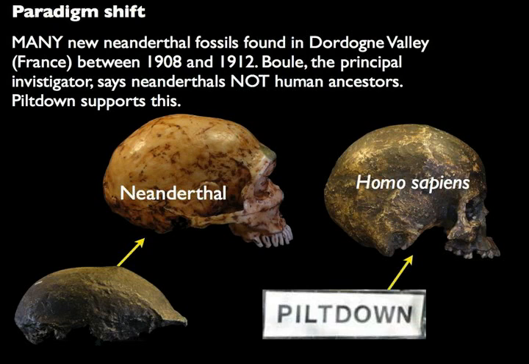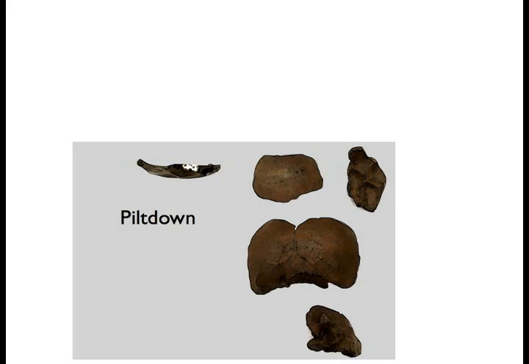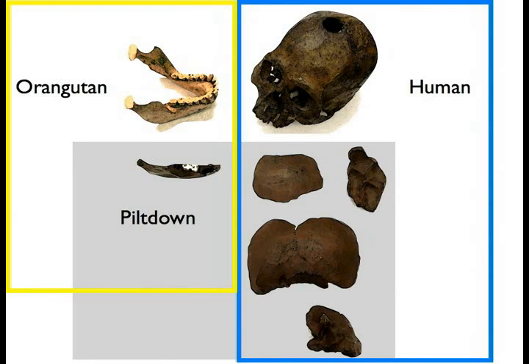And it was so convenient, in fact, that the most famous fossil forgery of all time is perpetrated during this period, the Piltdown hoax, where somebody takes a human skull with an orangutan mandible and puts them together.